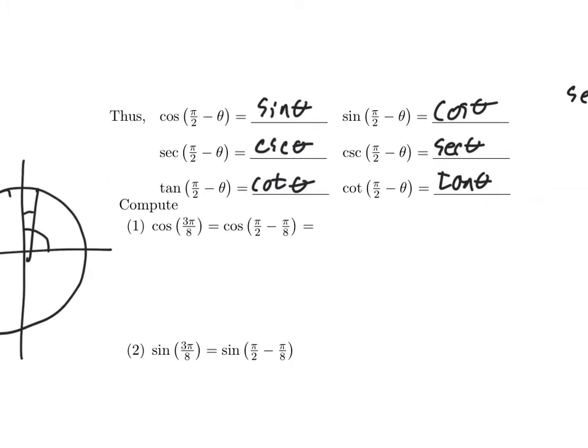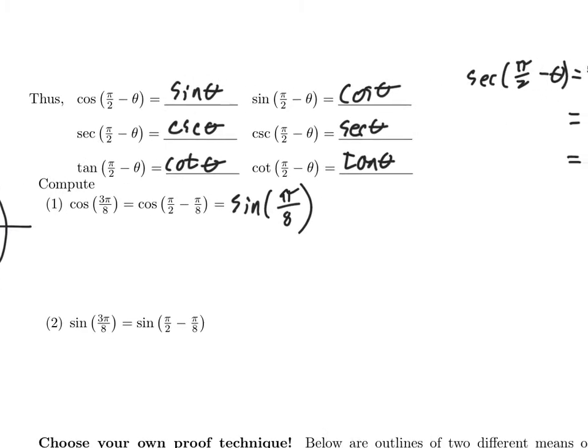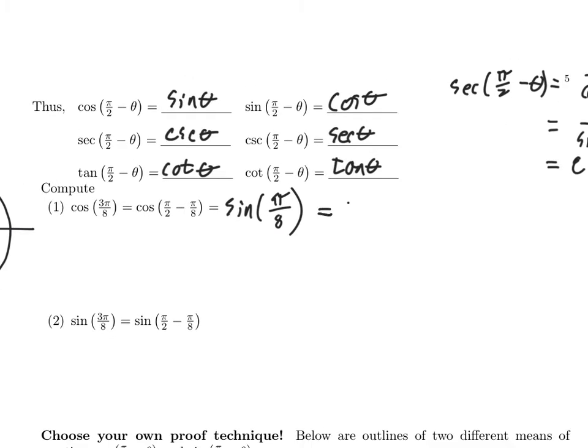So cosine of 3 pi over 8 is the same thing as cosine of pi over 2 minus pi over 8. So that should be the same thing as the sine of pi over 8. And this is not a number that you should remember, but if you flip to a few pages earlier in this exact note packet, you'll find that we said the sine of pi over 8 is the square root of 2 minus the square root of 2 all over 2.